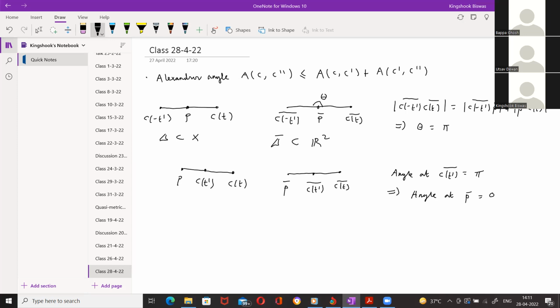So therefore, this is delta bar in R2 and this is delta in X. So this implies that the angle between C and C' is 0 if C' is a restriction of C, right?